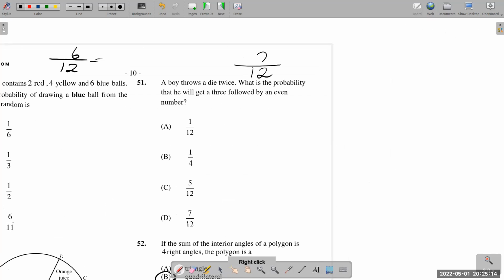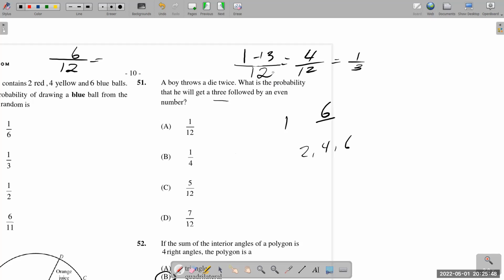The probability of him getting a 3 is 1, followed by an even number. How many even numbers are there from 1 to 6? That's 2, 4, 6. So that's 4 plus 3 options. So it's 4 out of 12, which is a third, but we don't have a third.